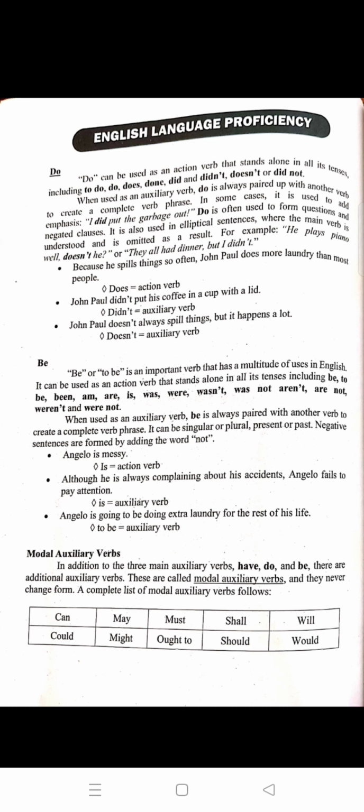"Angelo is going to be doing extra laundry for the rest of his life." "To be" is considered an auxiliary verb because "is going to be doing" is your verb phrase. Now we also have the modal auxiliary verbs which were discussed earlier, yung mga can, could, something like that.